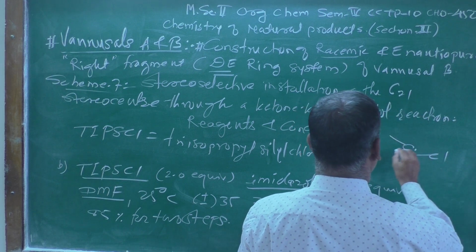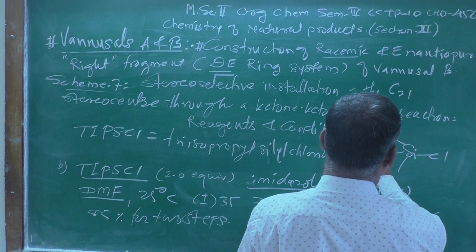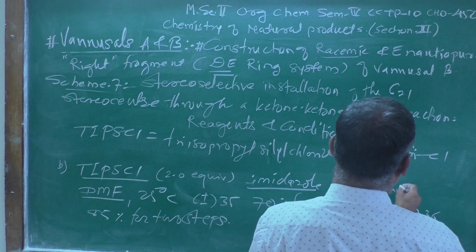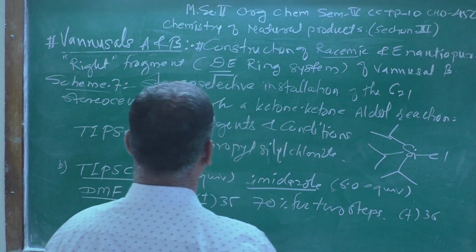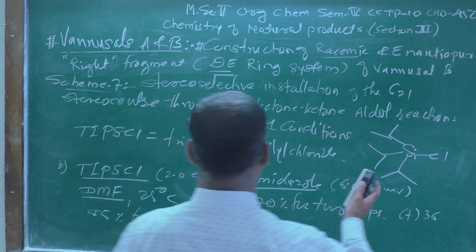Here you attach the three isopropyl groups, like this, and this is the structure of triisopropylsilyl chloride.